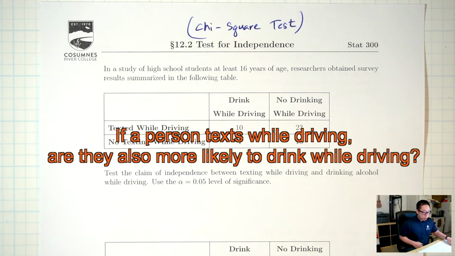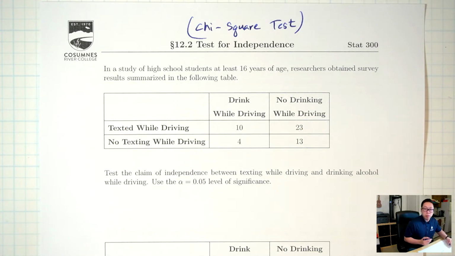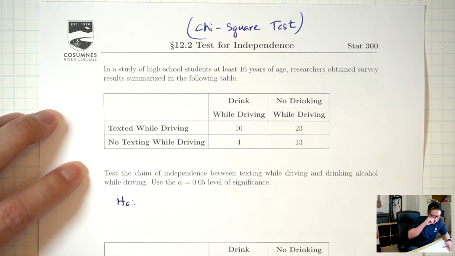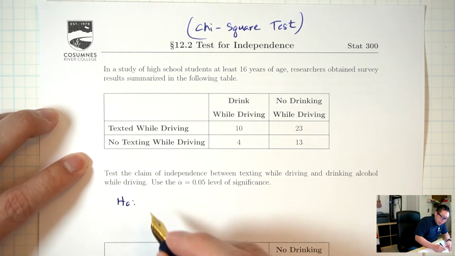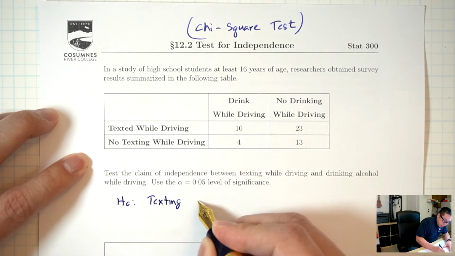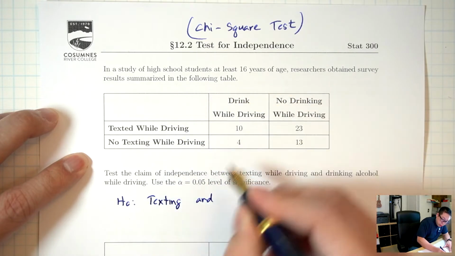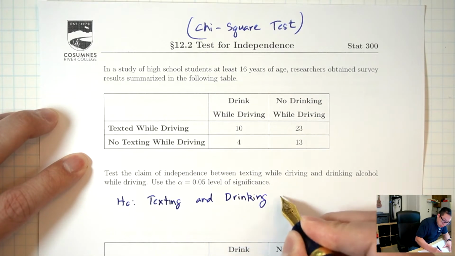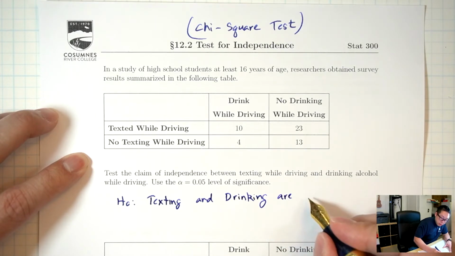So let's start off with what the correct H0 and H1 for a test of independence should be. H0 is going to say that texting and drinking are independent.